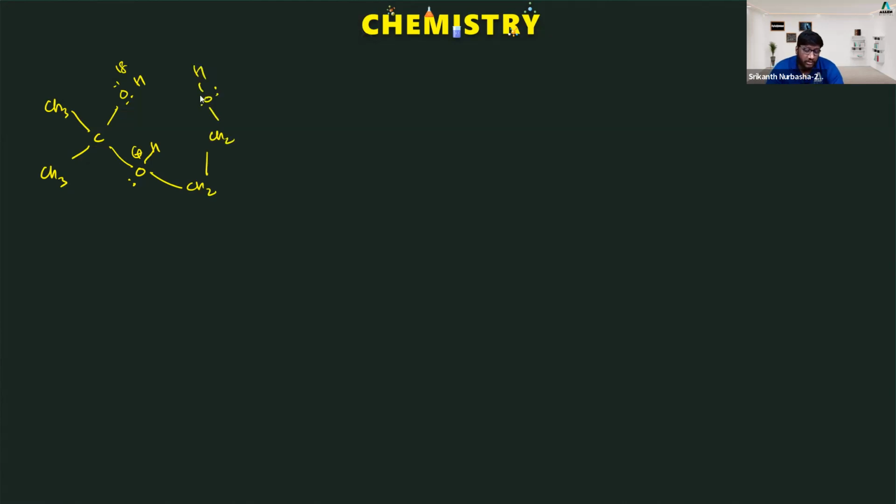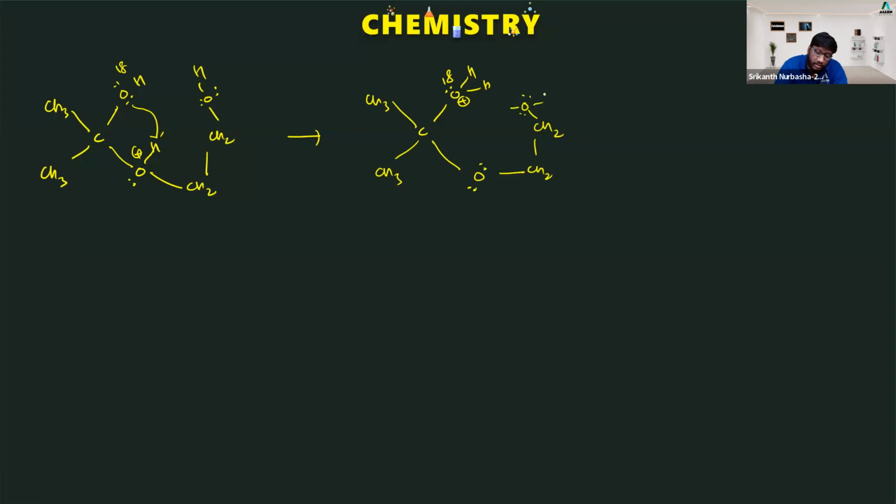Now what is going to happen? This O18 oxygen will pick up this proton, forming CH3C, O18, OH, OH with one lone pair and a positive charge. The oxygen will regain its lone pair. This is CH3 again, CH2, CH2OH, OH.